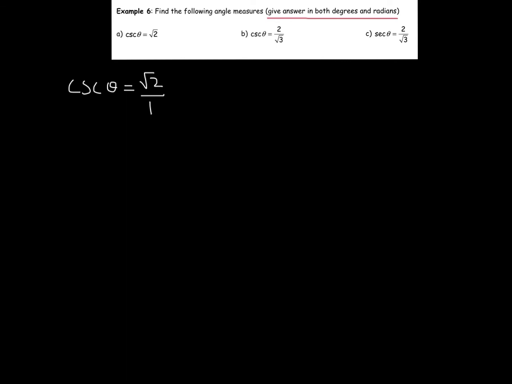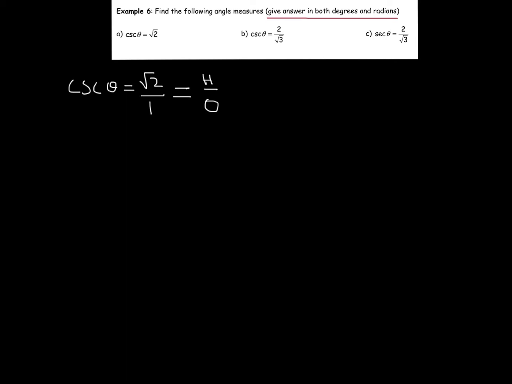Now we have to remember cosecant. This is going to be a lot of memorization, but you guys can do it. Cosecant is the flip of the sine. Sine is opposite over hypotenuse, so cosecant is the hypotenuse over the opposite.